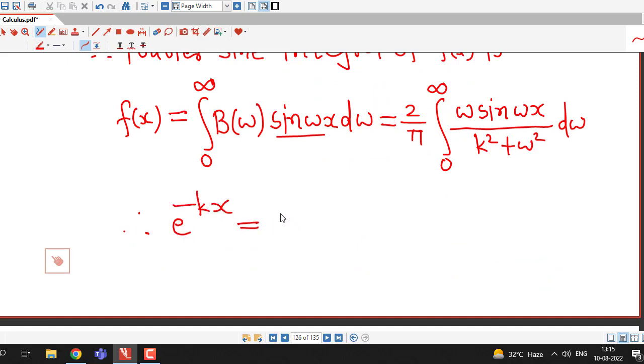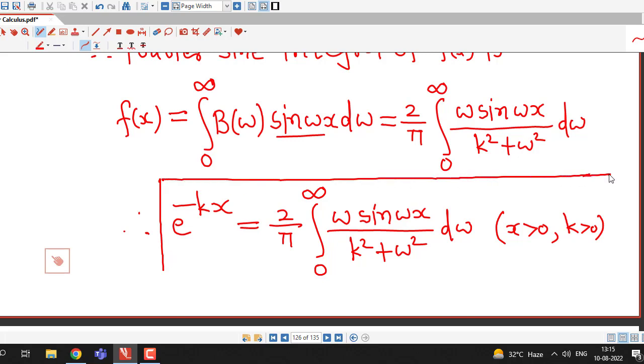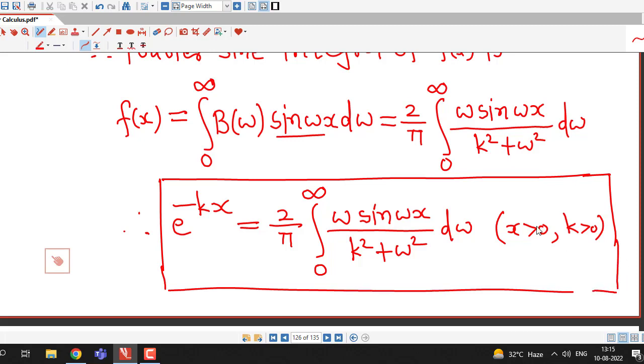Therefore we obtain e raised to minus kx equal to 2 by pi integral from 0 to infinity of omega times sine(omega x) divided by k square plus omega square d omega. Here x is defined for all positive real numbers, and the value of k is positive. This is the Fourier sine integral representation of the function f(x) equal to e raised to minus kx.